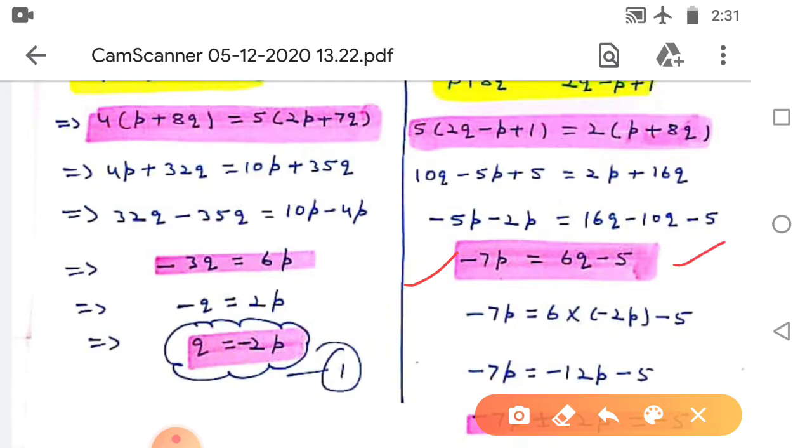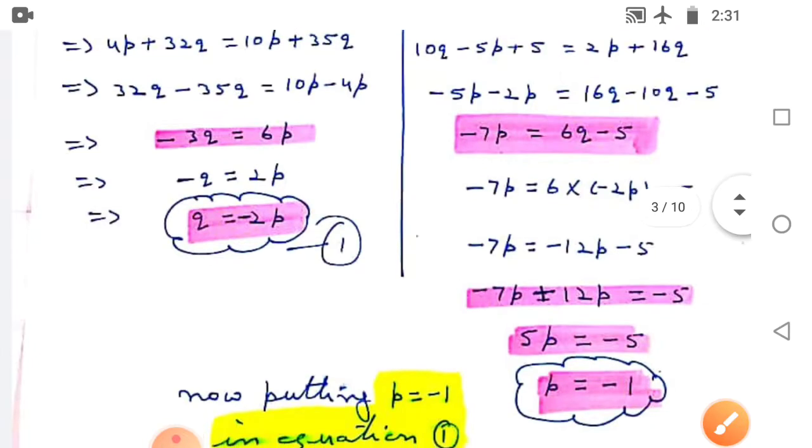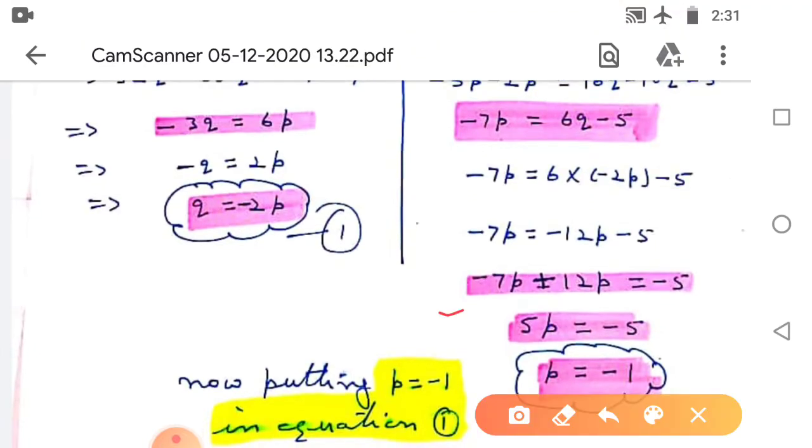Now from equation 1, putting the value of q as minus 2p here, minus 7p is equal to 6 into q. The value of q is minus 2p, so 6 into minus 2p minus 5, and minus 7p is equal to minus 12p minus 5. Finally we get minus 7p plus 12p is equal to minus 5, so 5p is equal to minus 5, so p is equal to minus 1.